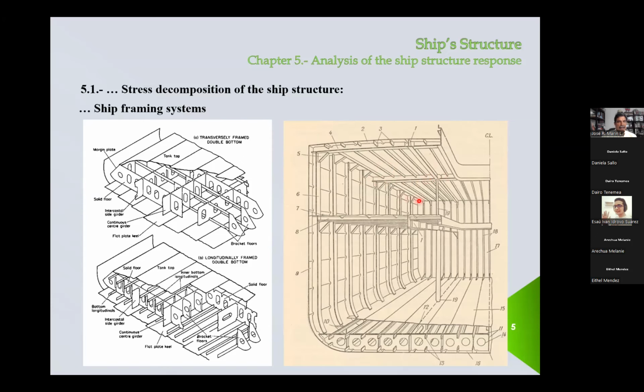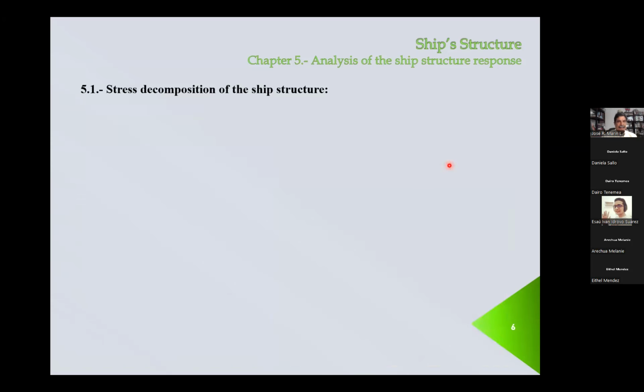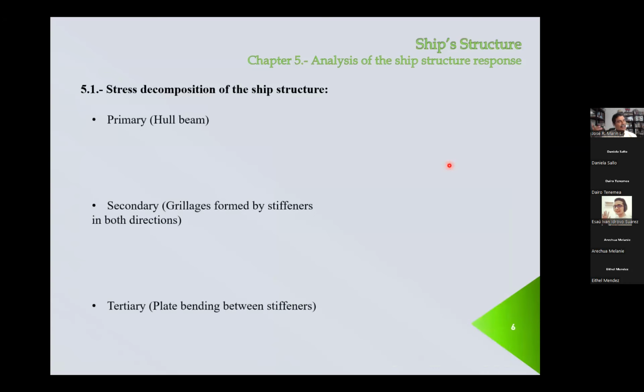So that's what we call a secondary structure. So it's plating plus stiffeners. In this case, the plating is forming the flanges of the reinforcements. And remember, for that, we need to use the concept of effective breadth.